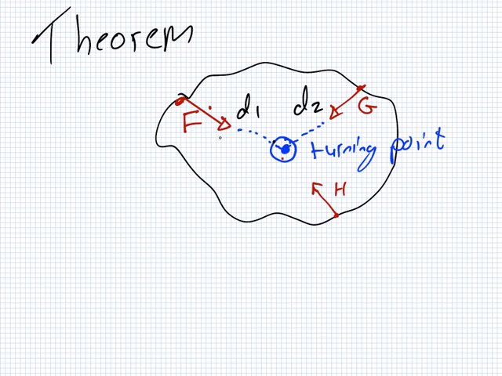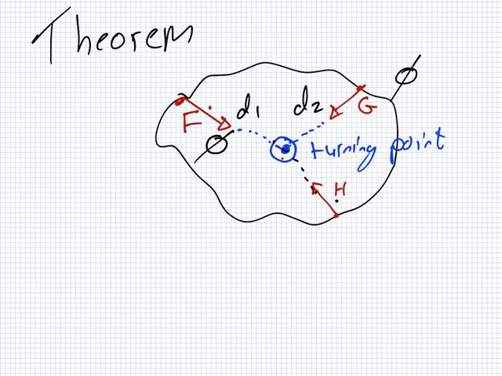So this one has zero to offer. What about the G? Zero to offer. So the total turning force only comes from the H. But there shouldn't be any turning force because it's in equilibrium. So you're forced to say that the H must pass through the centre as well.